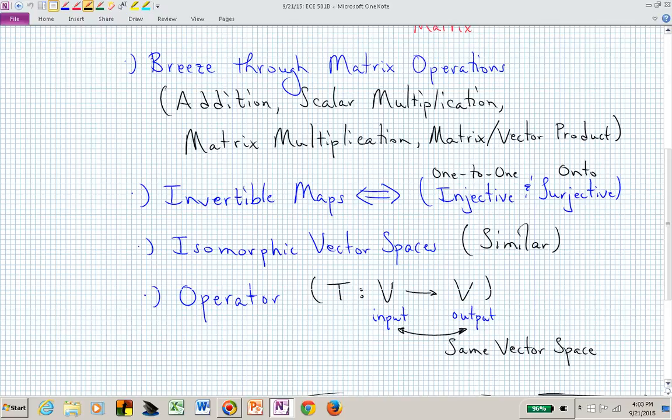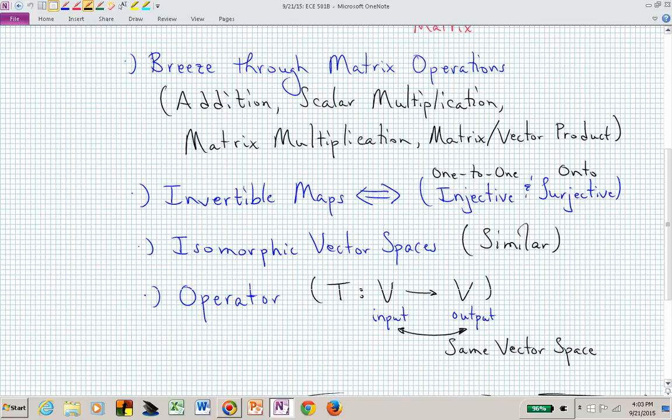Yes? So the question was, injective is one-to-one and surjective is onto. That's another way of making that connection or translation. Whenever you see injective, you could just say one-to-one. Or if you're seeing surjective written, you could think of it as onto.